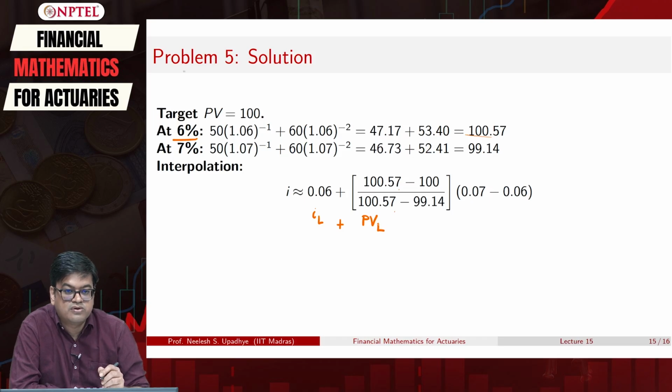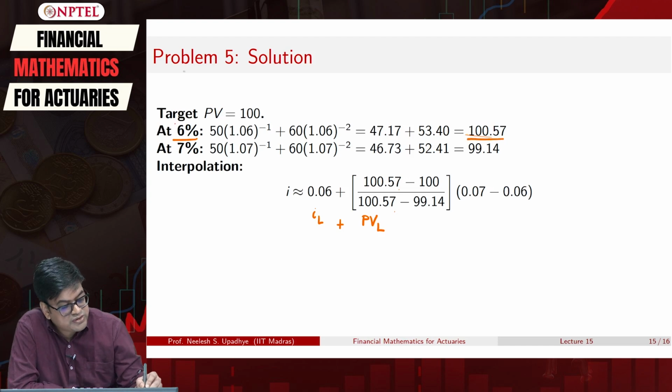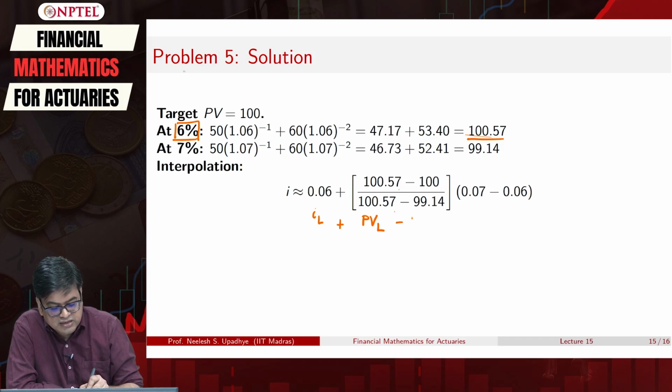Present value low in this case is actually 100.57, because this corresponds to this 6%. So, this is PVL minus the target, which is actually 100 here, upon present value low minus present value high.